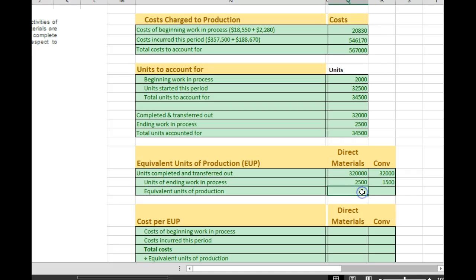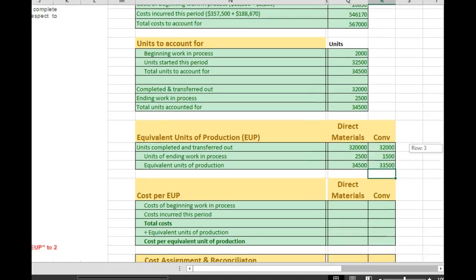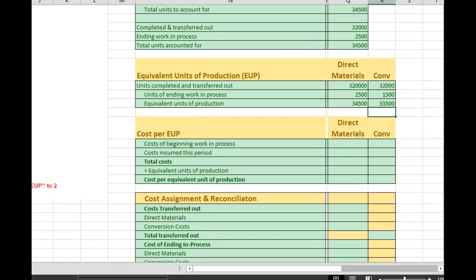So our equivalent units of production, if you add those two together, are 34,500 and 33,500. Okay, so now we have our costs, and we're going to break that down here, okay? And we have the equivalent units of production. Everything so far is pretty balanced.